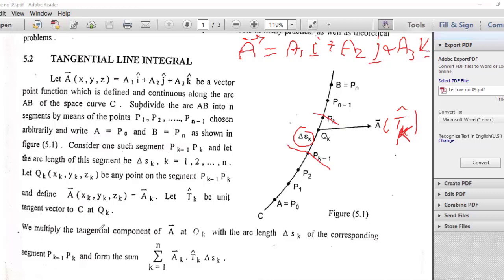We multiply the tangential component of A at Qk with the arc length delta Sk of the corresponding segment Pk minus 1 Pk and form the sum. Students, you also know in BSc Calculus, chapter number 5, the first topic is the definite integral.